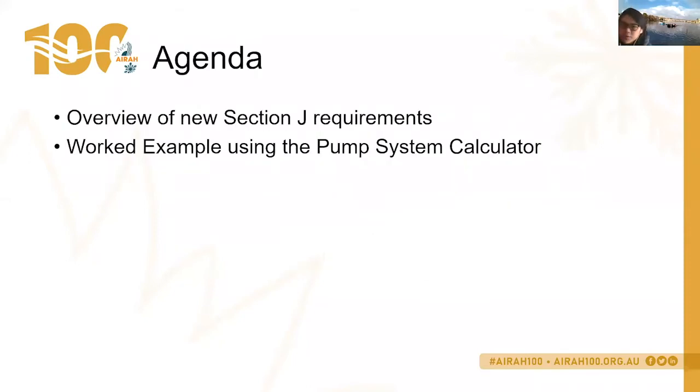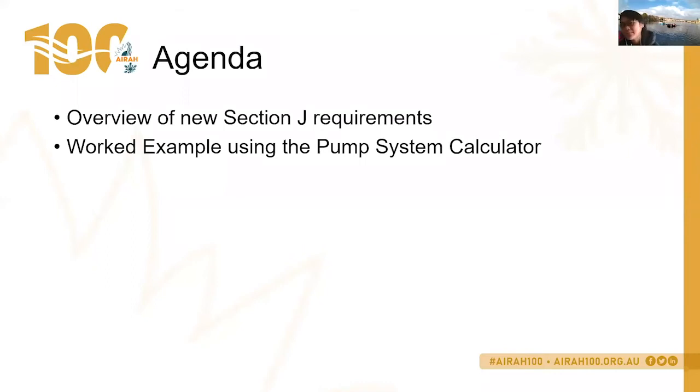So just to go through an agenda of what we'll go through today, there's really only two big parts to my presentation. In the first part, we are going to go through an overview of the new Section J requirements. It is quite a change from the 2016 requirements. Some of you may already be familiar with it, given that we have a 12-month transition period, and some of you may just be starting to use the new requirements to design your systems.